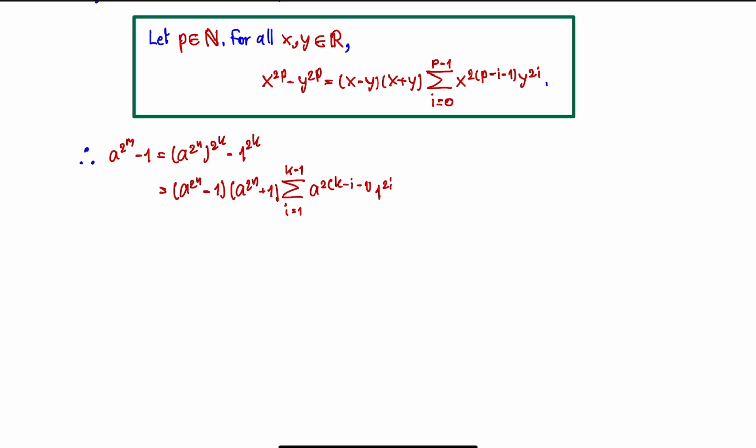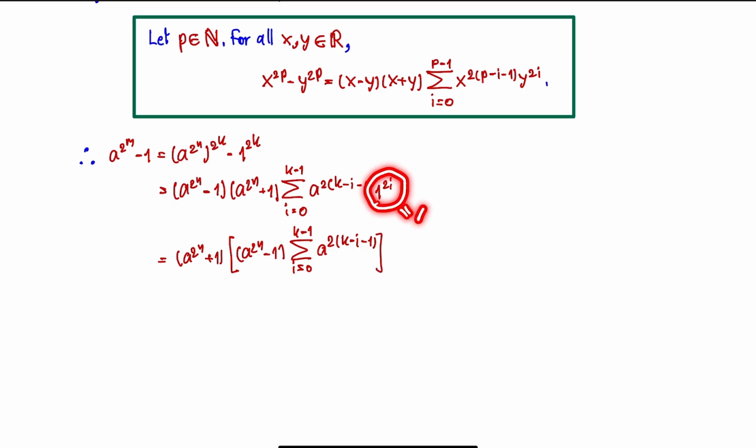So we are going to write it like this: a to the 2 to the n plus 1, times a to the 2 to the n minus 1, times the summation, where i must start from 0, not 1, from 0 to k minus 1, of a to the 2 to the n times k minus 1 minus i. That's it.